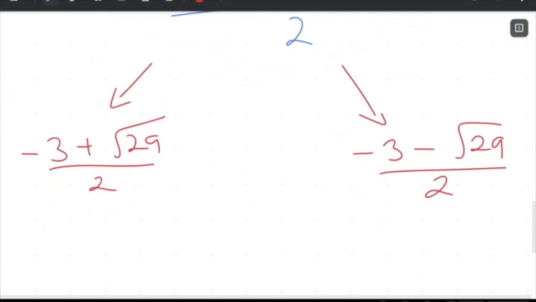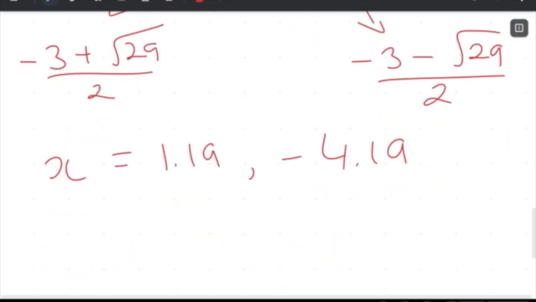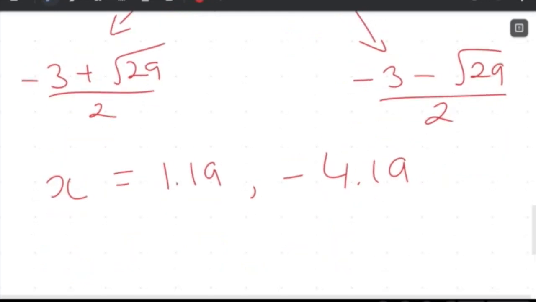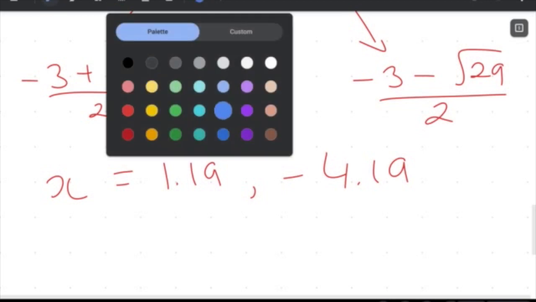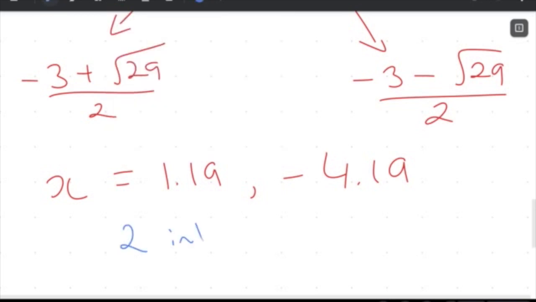And those to two decimal places are going to be x equals 1.19 and x equals minus 4.19. And now we have shown here that we have two intersection points.